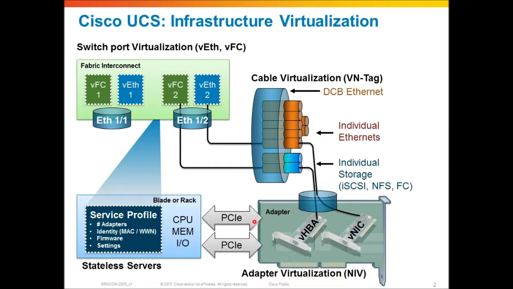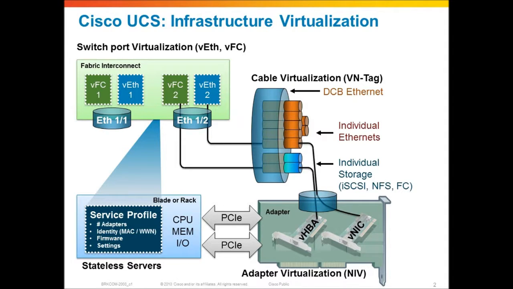And that adapter that's installed in the server really shows itself to the server as multiple adapters through standard PCIe virtualization. The server will simply scan the PCI bus and, based on how many virtual adapters have been provisioned, will see as if those adapters are physically plugged into the PCIe bus. So standard PCIe virtualization here.